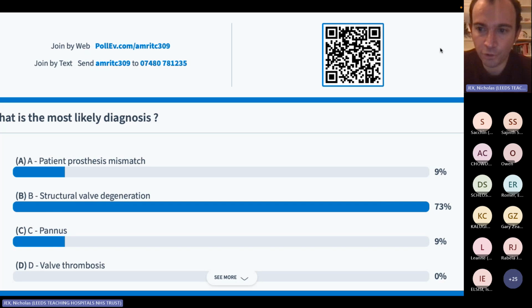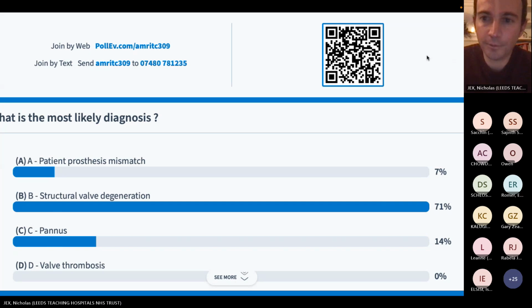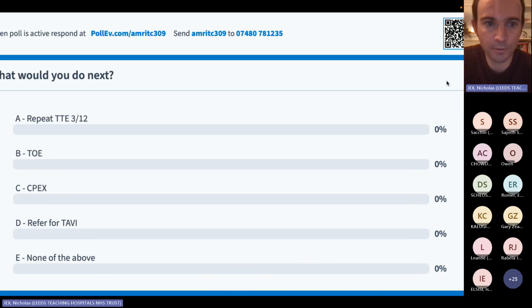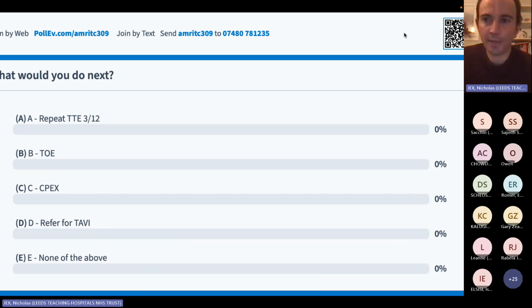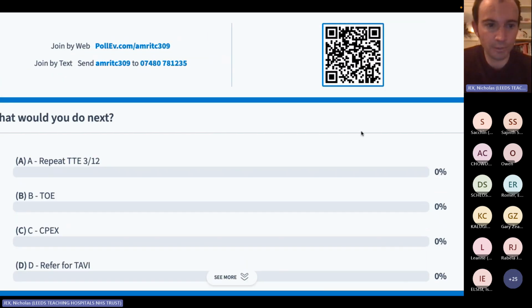So majority plumping for structural valve degeneration, few for patient prosthesis mismatch and pannus. Shout out if there's anyone who's got any comments about that. Otherwise, we'll move on. So what would you do now? Would you repeat the echo in 3 months? Would you organise a TOE?